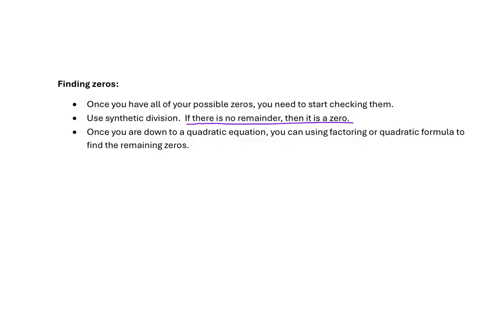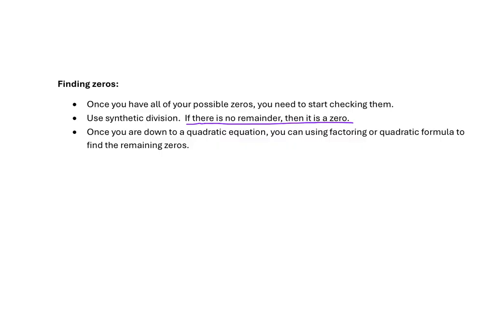We may need to do this once or twice. Some of these are going to be 4th degree polynomials, and if we have a 4th degree, then we have to find 2. We want to keep going until we are down to a quadratic equation. Once we've broken it down to a quadratic equation, we can solve it using factoring or the quadratic formula to find the remaining zeros.